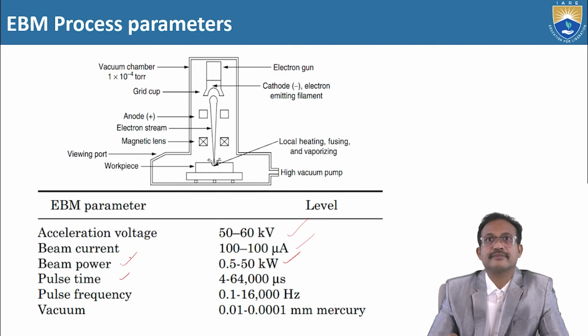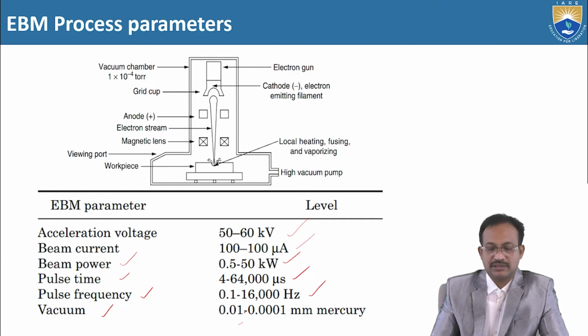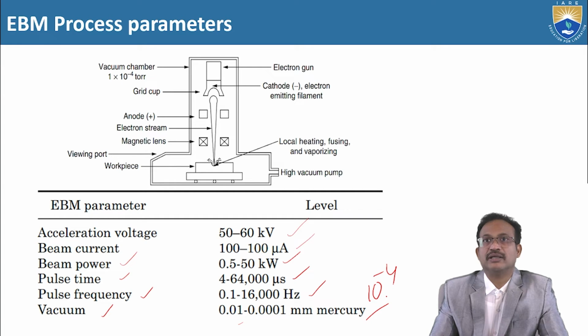Pulse time, 4 to 64,000 microseconds. Pulse frequency, 0.1 to 16,000 Hz. Vacuum, 0.01 to 0.0001 mm of mercury, that means 10 power minus 4, which is also equal to 10 power minus 4 torr.